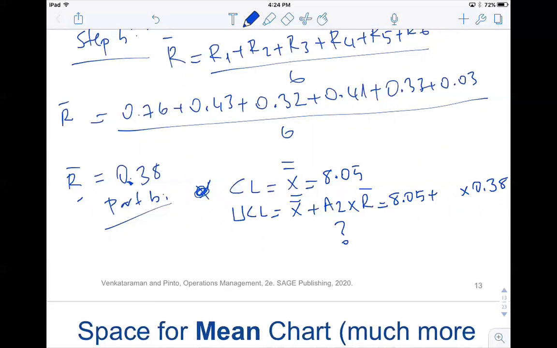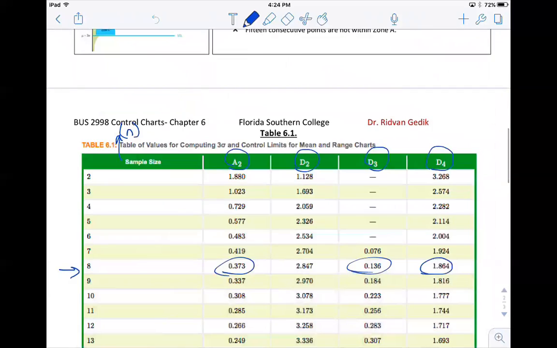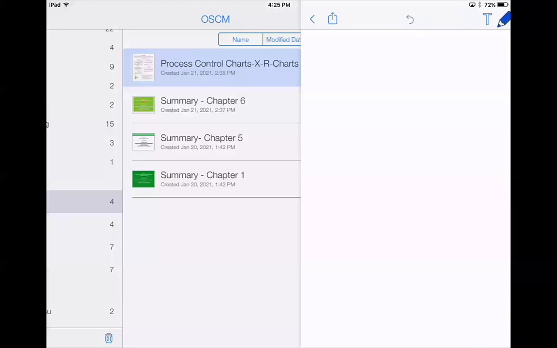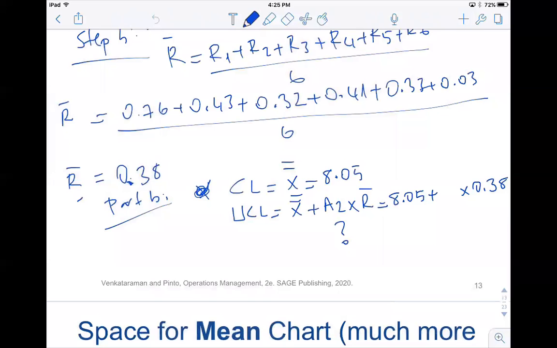So let's look this up. A2 value, let's look it up. Remember, in this cheat sheet on the second page, I gave you this table, and the A2 column is on the second one. You look at the sample size of 8 and directly look up this A2 value, and that is 0.373.